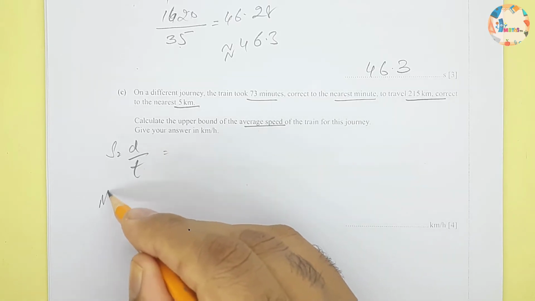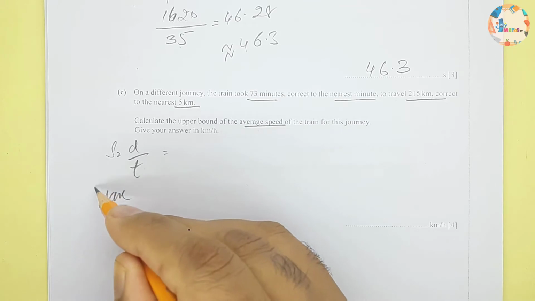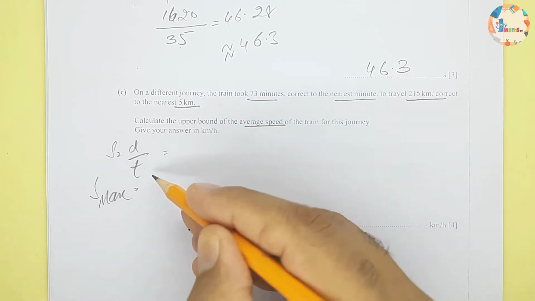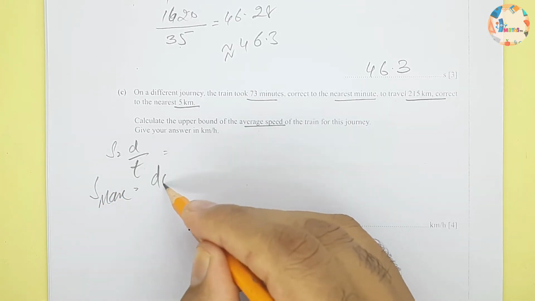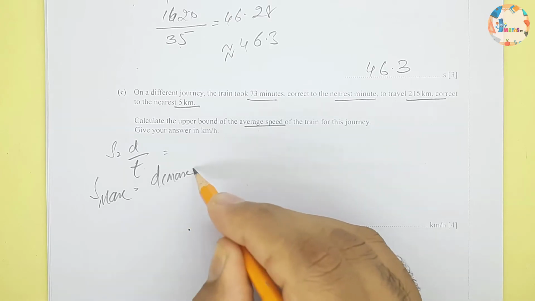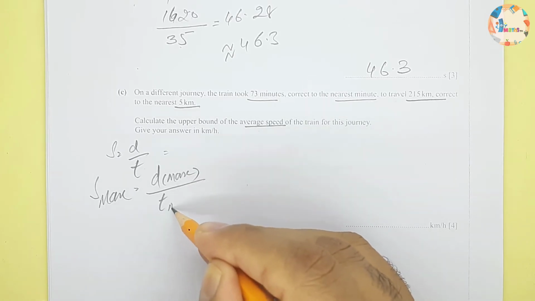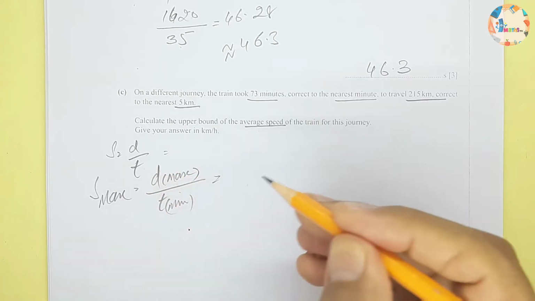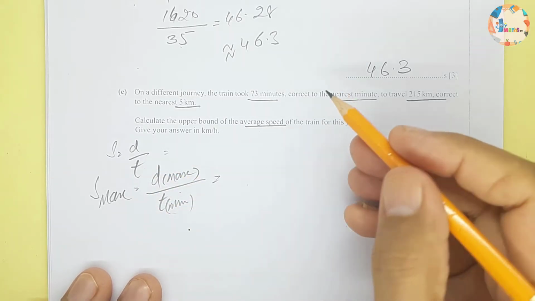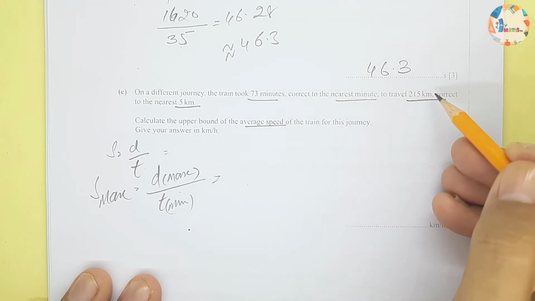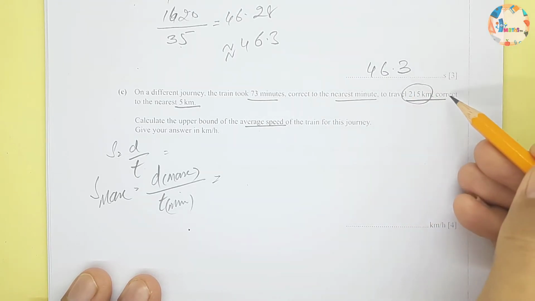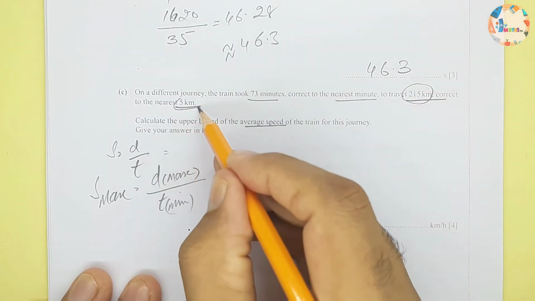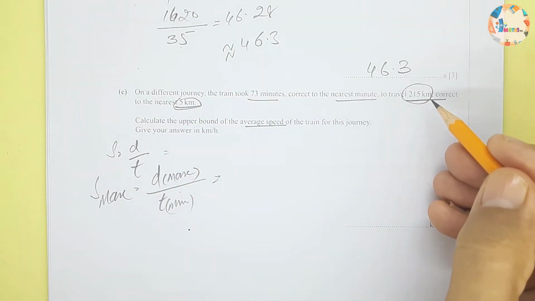So speed will be maximum when we take distance as maximum and time as minimum value. We have to follow this. So distance will be maximum, it means 215, correct to the nearest 5, so we'll have to add 2.5 kilometers.